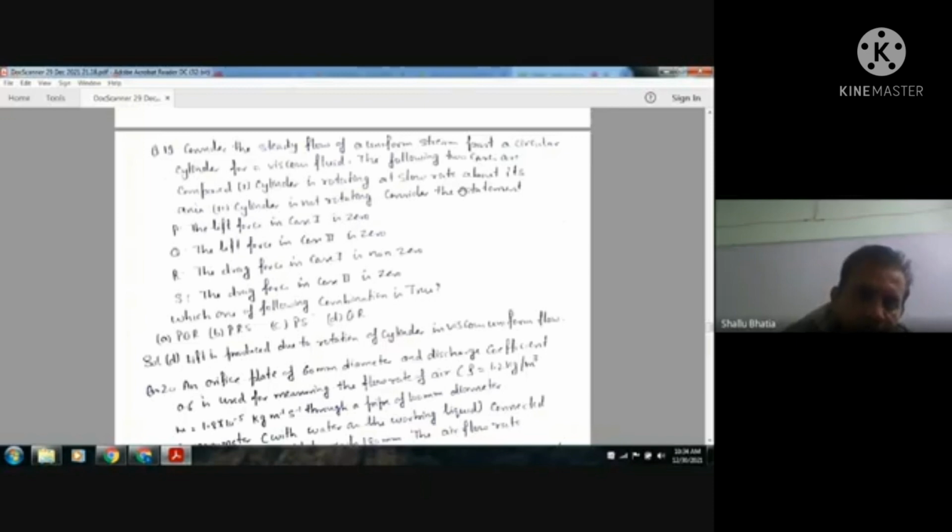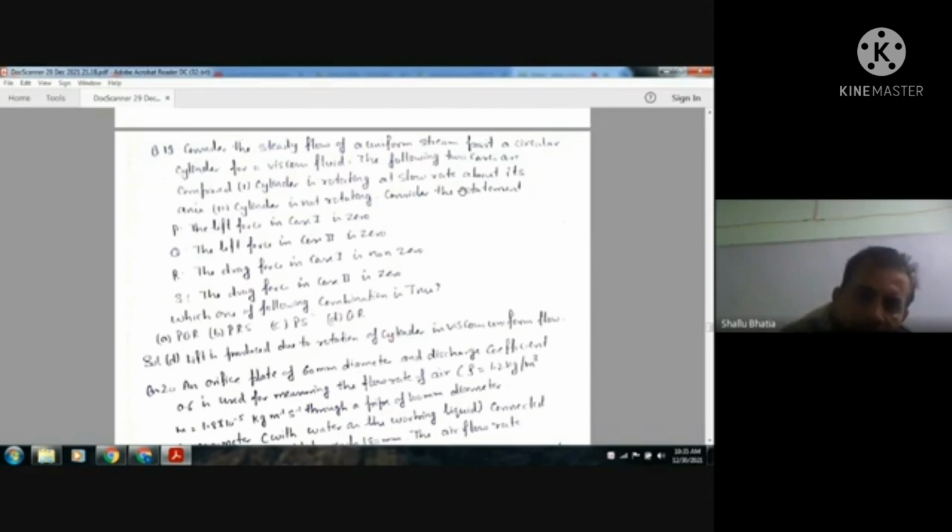Q. Lift force in case 2 is 0. R. Drag force in case 1 is non-zero. S. Drag force in case 2 is 0. Which one of the following combinations is true? Option A. PQR. B. PRS. C. PS. D. QR.